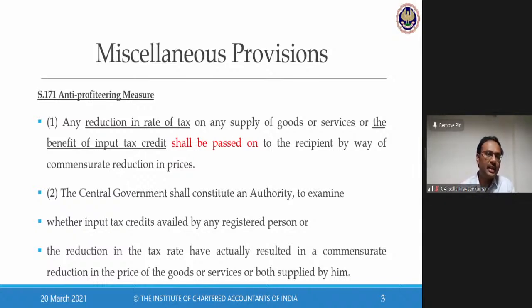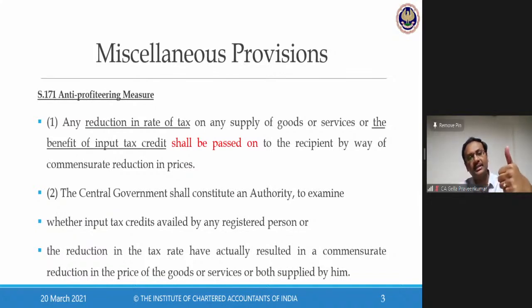Now, this particular section 171 says, look, if there is a reduction in the rate of tax or if there is a benefit of input tax credit, the same has to be passed on to the recipient to reduce the price of your supply. I repeat, there are two aspects which the government is checking.